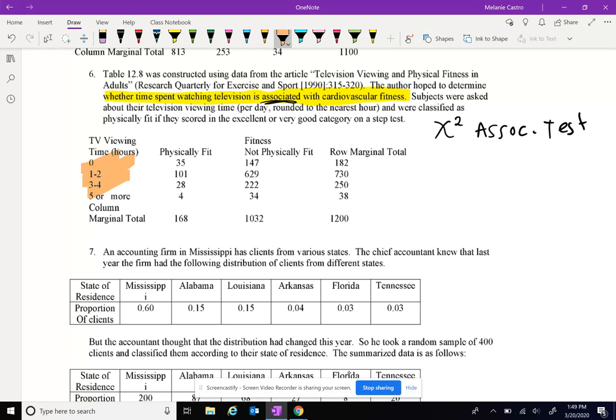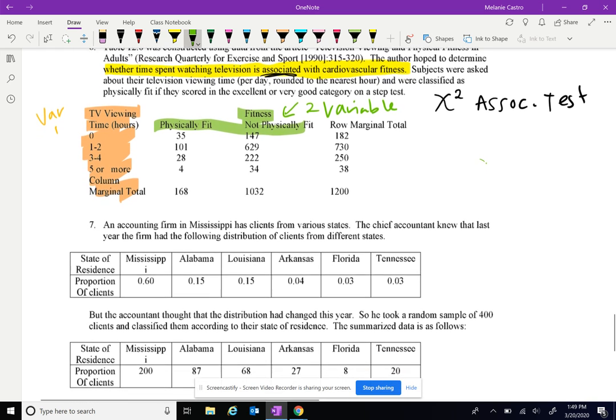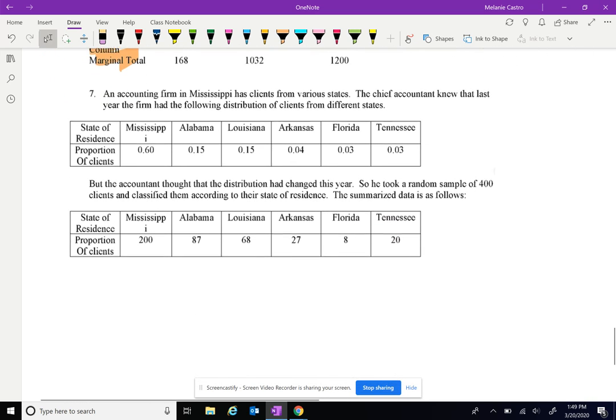First, you're asking them how much TV they watch. That's your first variable. And then you're also measuring how physically fit they are. That was your second variable. So because you have two different variables and you're asking one group, that's your chi-squared test for association.